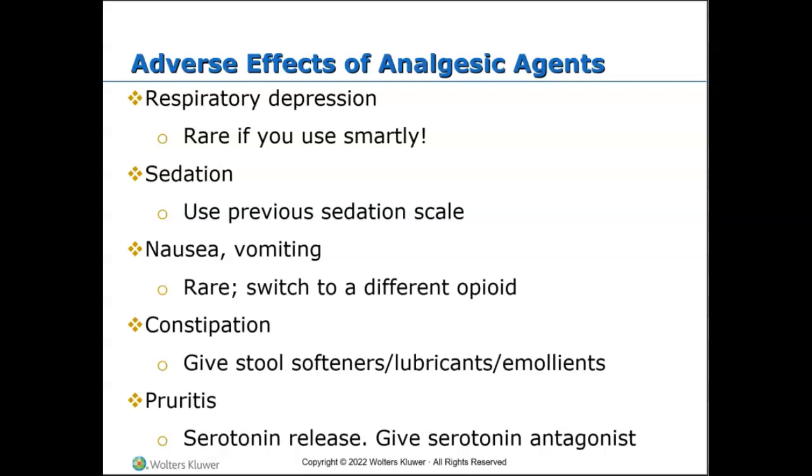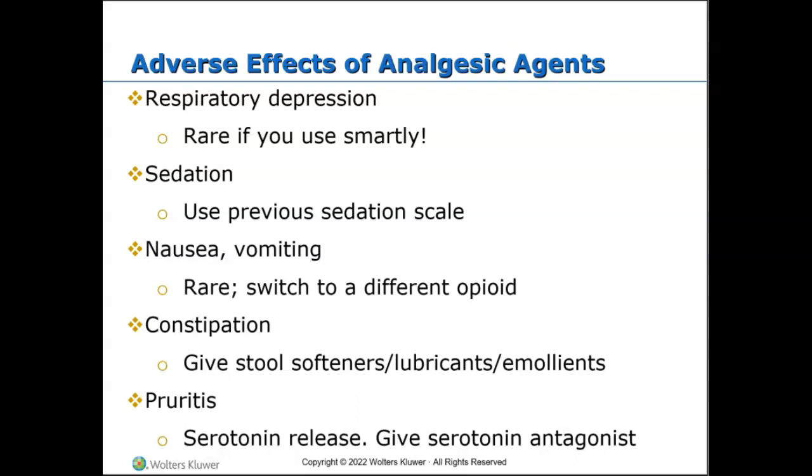If it occurs with one, then we just switch the patient to another one, right? You have a conversation with the doctor and you get a different opioid, right? But again, it's a rare side effect. Constipation, though, is not rare. It happens with many, many opioid medications. So we almost always give a stool softener with our opioid meds.